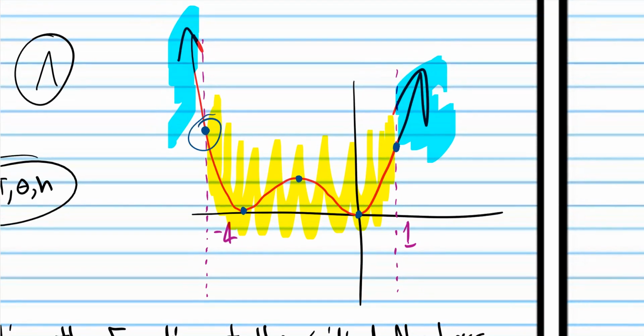So these are the endpoints, and these are the points on the graph at the critical numbers. So what that theorem tells us is that one of these circled points, the points that I just circled, has the biggest y value, and one of the points has the smallest y value. And in this case, there's actually more than one point that has the smallest y value.